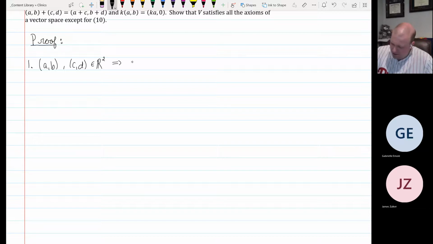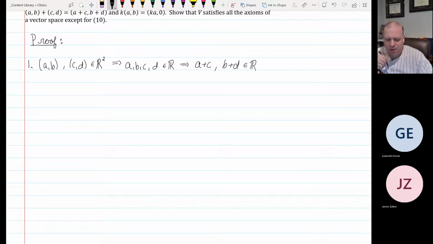This means A, B, C, and D are all real numbers. Well, that of course means that A plus C is a real number, and so is B plus D. If you add two real numbers together, you get a real number.